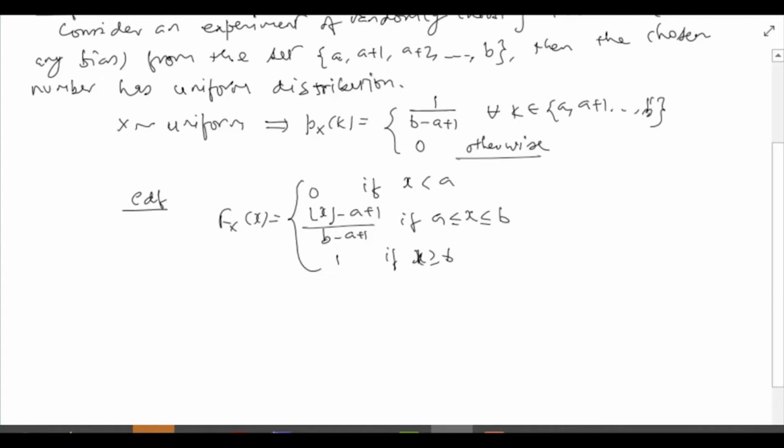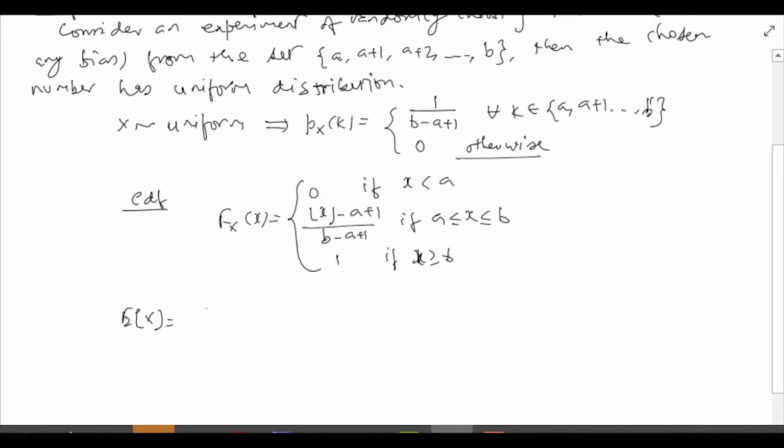For instance, floor of 2.2 is 2, floor of 2.001 is 2, floor of 2.999 is also 2, but floor of 3 is 3.